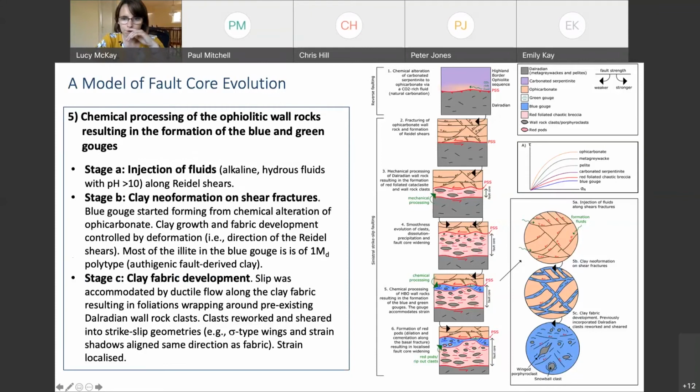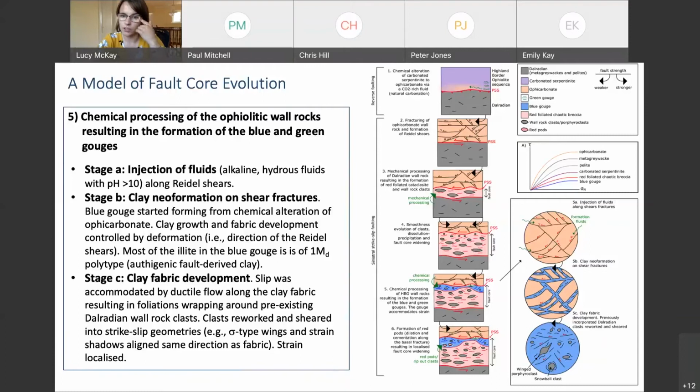So next stage, again, there would have been a flip in the reversal of the strength contrast. At this point, you start processing your ophicarbonate wall rocks. And I propose that this occurs over 3 stages, similar to what's been described in the literature for the San Andreas.